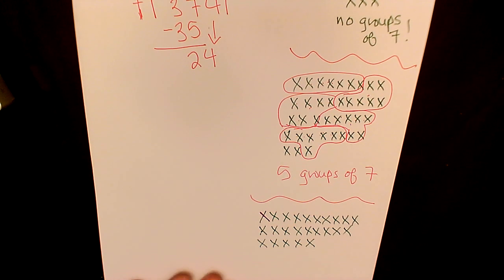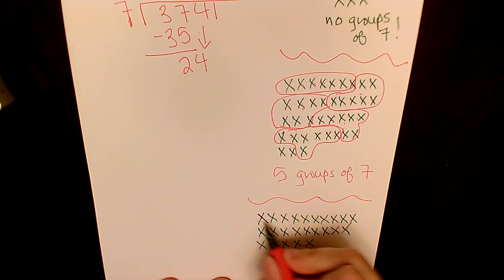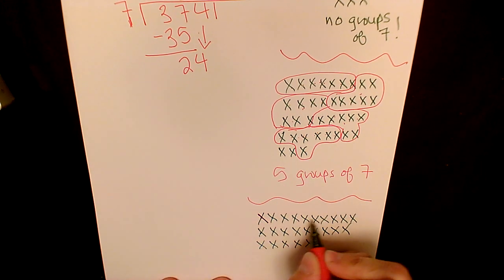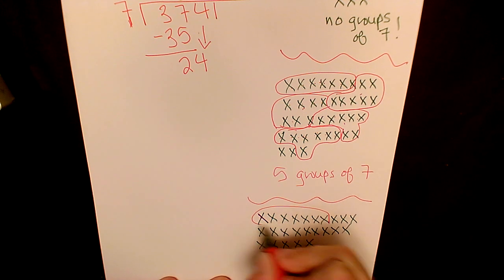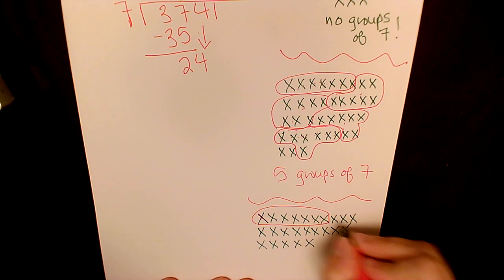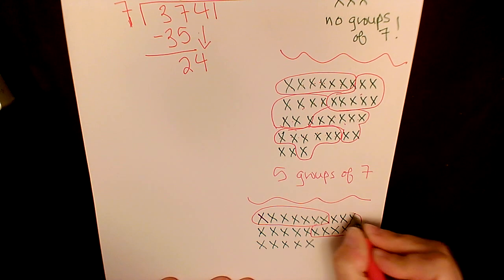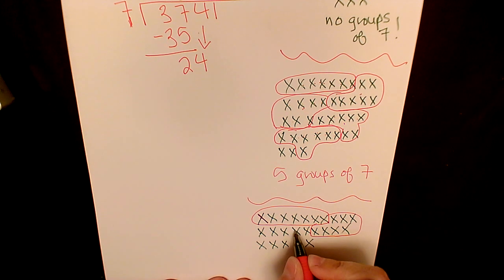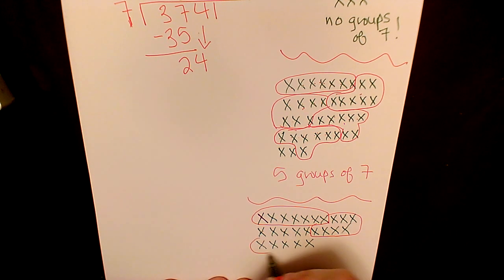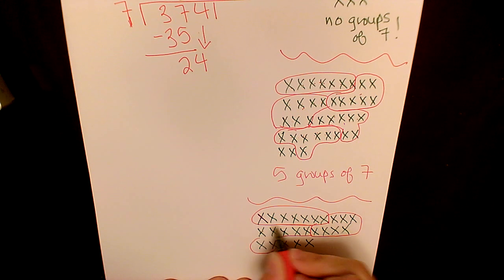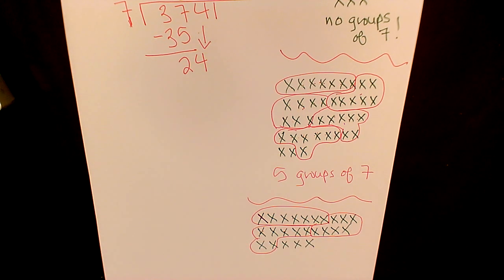So how many groups of 7? Here's 1. Here's another group. Here's another group. Okay, so I've got 3 groups of 7.